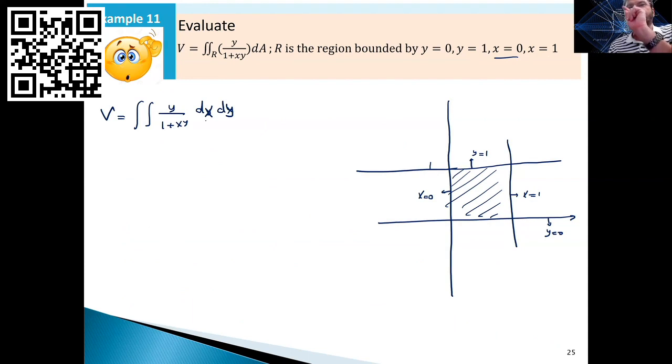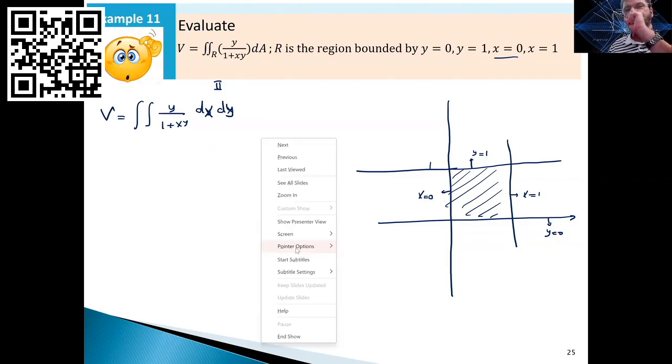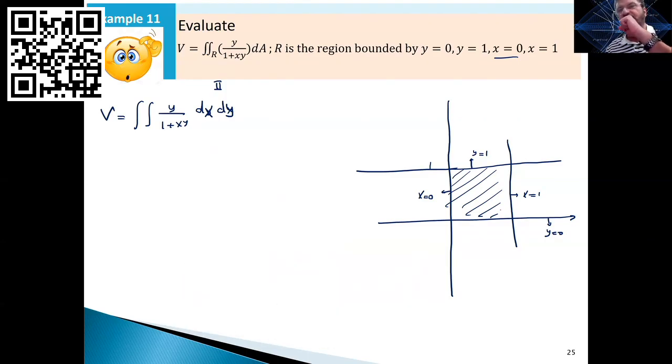So I'm going to take this one as a region of type 2. I will show you in the integral what I mean by that. So I took it as a region of type 2. Then I know that my line has to be a horizontal line, isn't it? My line is going to be a horizontal line because I'm going to treat it as a region of type 2.